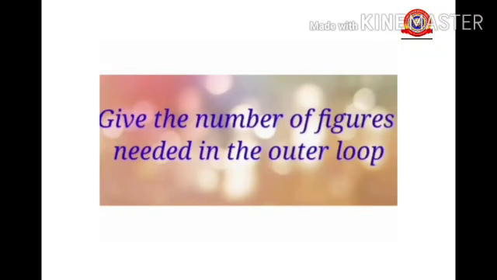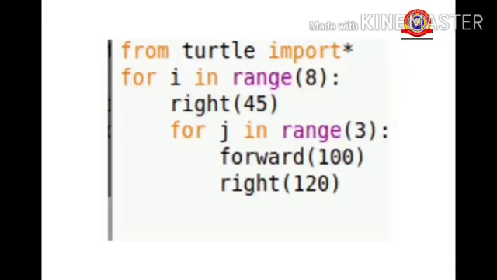For example, if you want to create 8 triangles around a point, then in the outer loop, you have to give for i in range 8. 8 means the number of figures, number of triangles, 8.